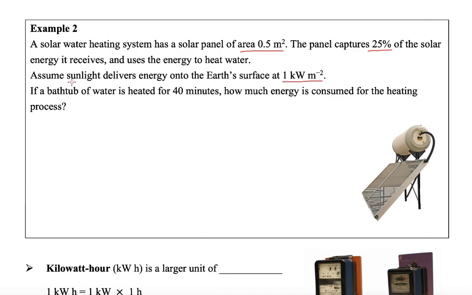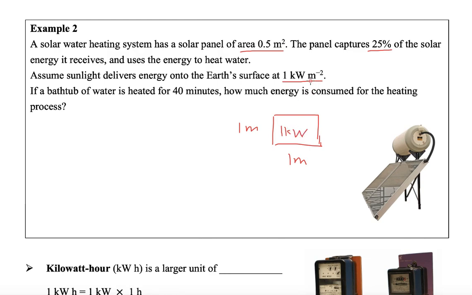Assume sunlight delivers energy onto the Earth's surface at 1 kilowatt per meter squared, which means that for 1 meter squared like this, if this is 1 meter and this is 1 meter, then for this surface, the power would be 1 kilowatt.